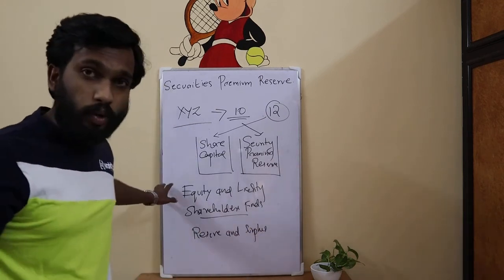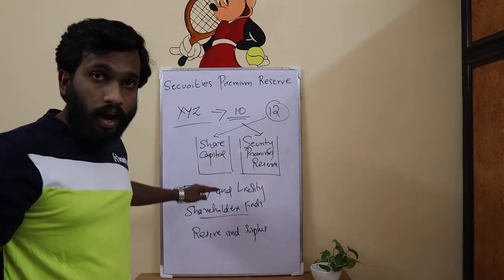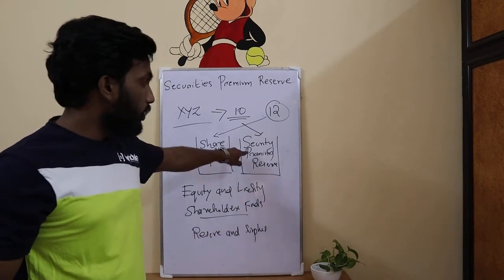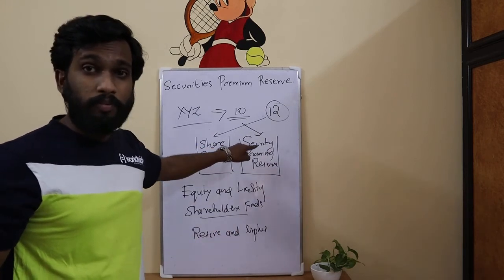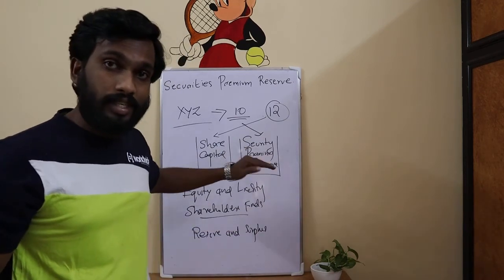So you go to the equity and liability part in the balance sheet. Under that, shareholders fund, under shareholders fund, under the subhead reserves and surplus, you will be showing this amount called securities premium reserve account.